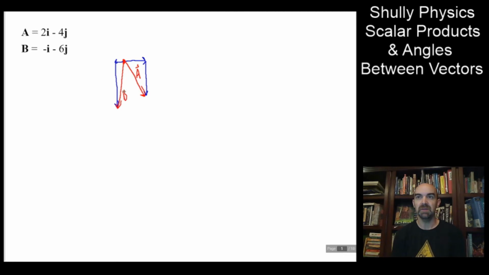There's A and B. So what is A times B? That's the big question. We'd either have to take the parallel or the perpendicular components. So in this lesson, we're going to be looking at the scalar product.